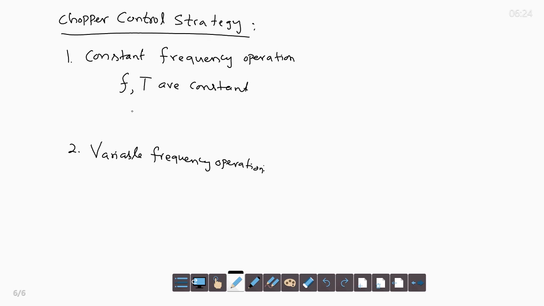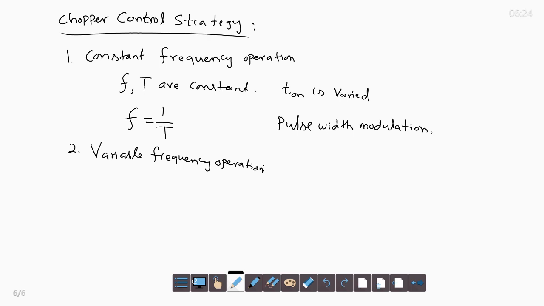Of course, you know chopping frequency F equals 1 by T, the chopping time period. So, F and T are constant, and T on is varied to vary the output voltage and current. This is also called pulse width modulation, because the width of the on pulse is varied.